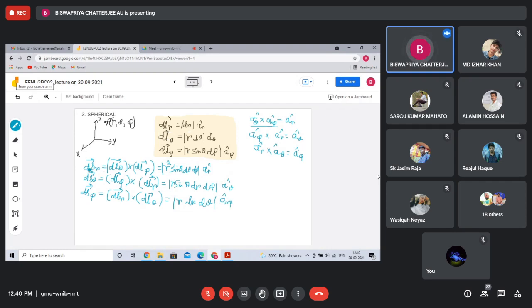So you see ds r is acting along r direction, ds theta along theta direction, and ds phi along phi direction. So these are the differential surface elements.